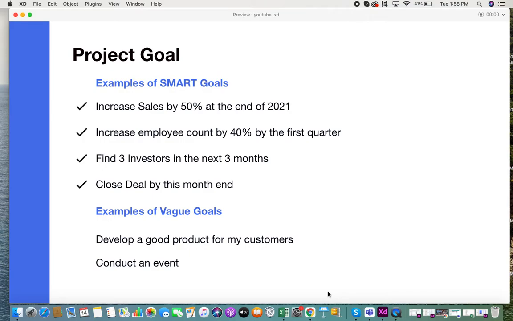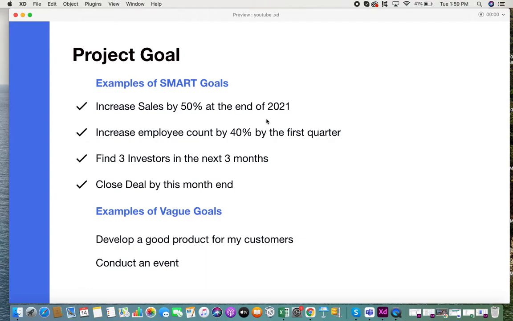When you look at these goals, of course they are smart. For example, let us take the first goal: increase sales by 50% at the end of 2021. Can you guess why it's a smart goal? Let me tell you how it is smart. This goal specifies the exact detail of 50%, which is definitely measurable. It's also very specific, by saying increase sales by 50%.